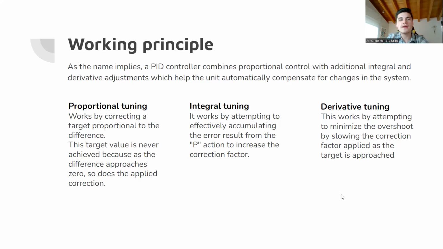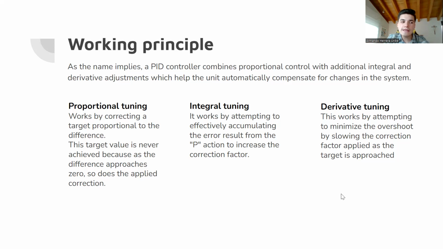Following the same example once again of the temperature and the oven, for integral tuning, if the oven remains below the given temperature, the integral tuning will try to increase the amount of heat being delivered.